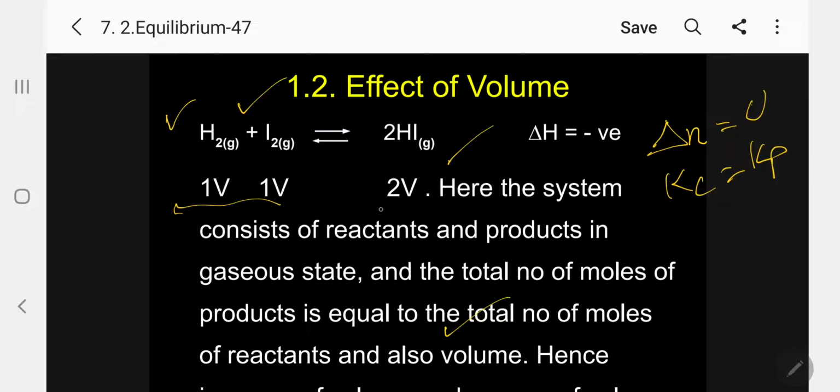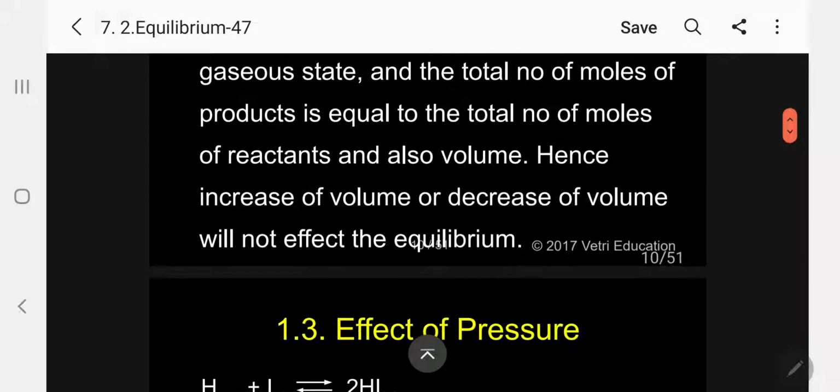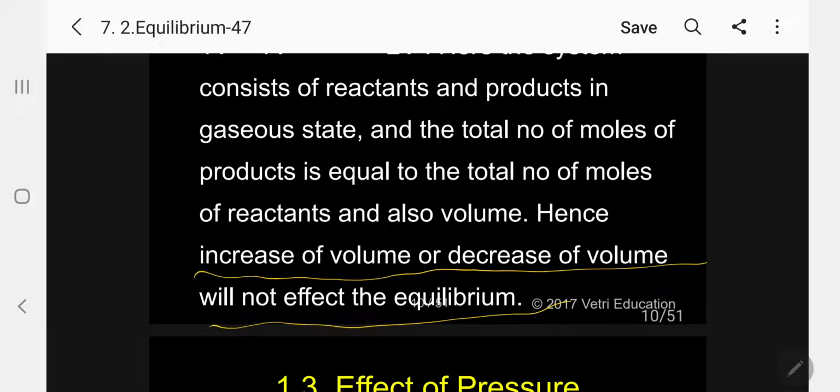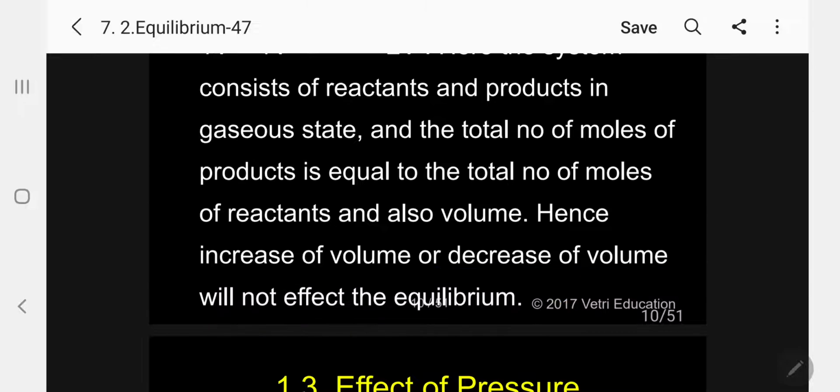Here 2 volumes, here also 2 volumes. Hence, increase or decrease of volume will not affect the equilibrium, when delta n equals 0.